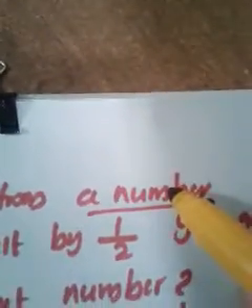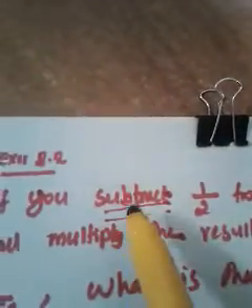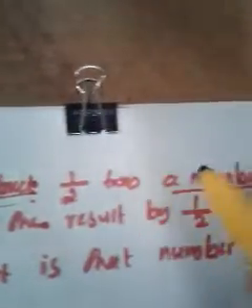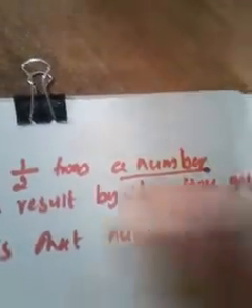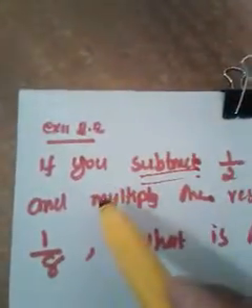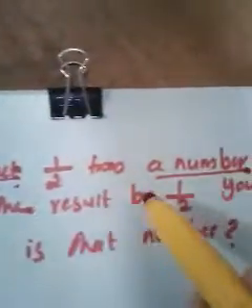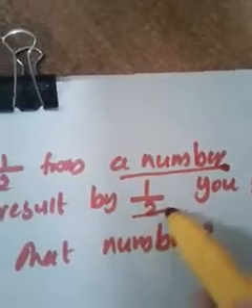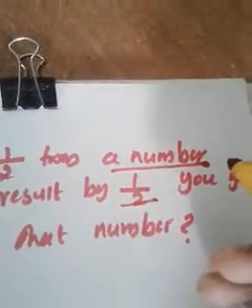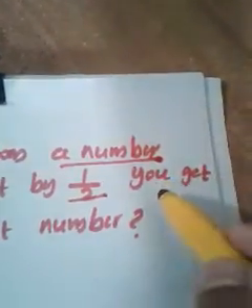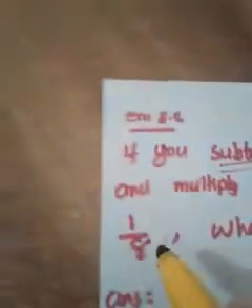A number. That number I don't know. Let it be x. So in short, I am going to subtract 1 by 2 from x. Okay, subtraction is made. Then after subtraction, I have to multiply the result again by 1 by 2. After this process, I will get the result. You get 1 by 8. So what is that number?